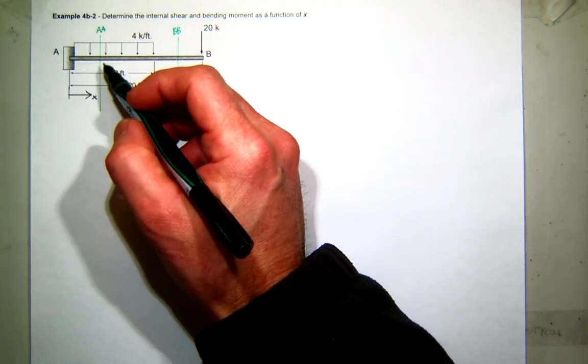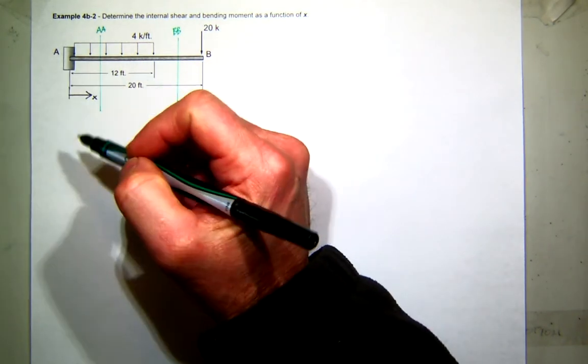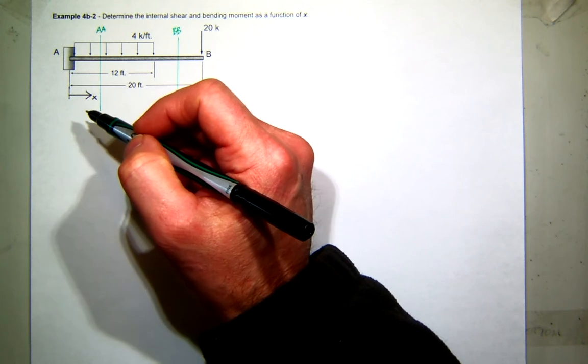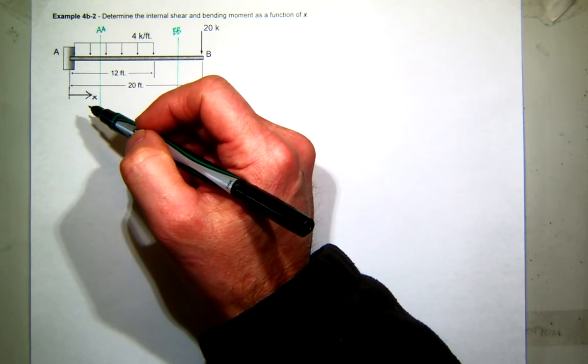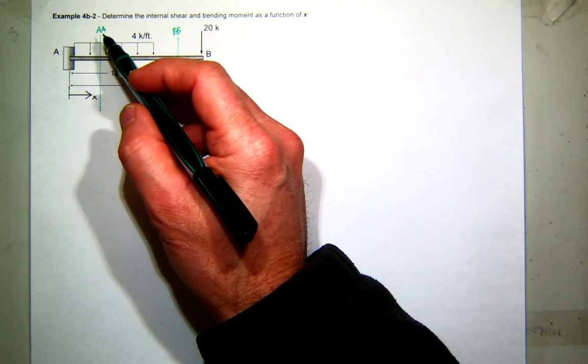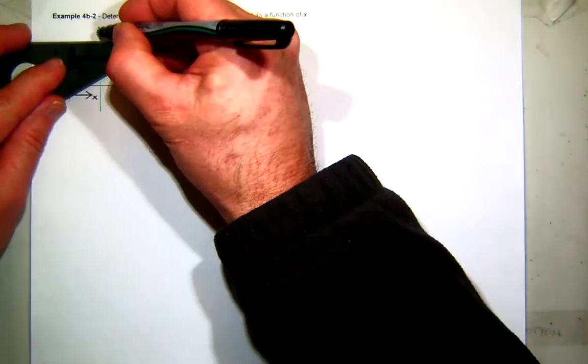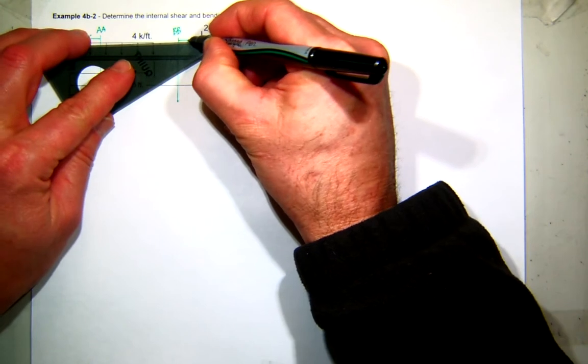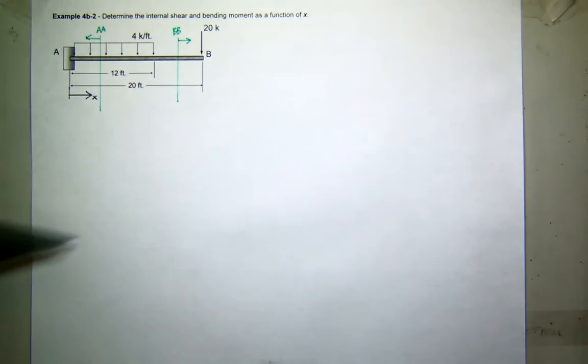Over here at AA, whether you go left or right, I don't really see a tremendous advantage. There's going to be challenges either way. Just to show you a couple different looks, for AA I'll go to the left, and for BB I'll go to the right.